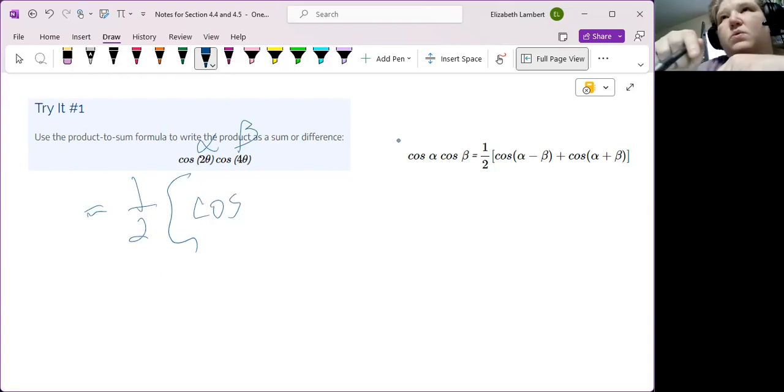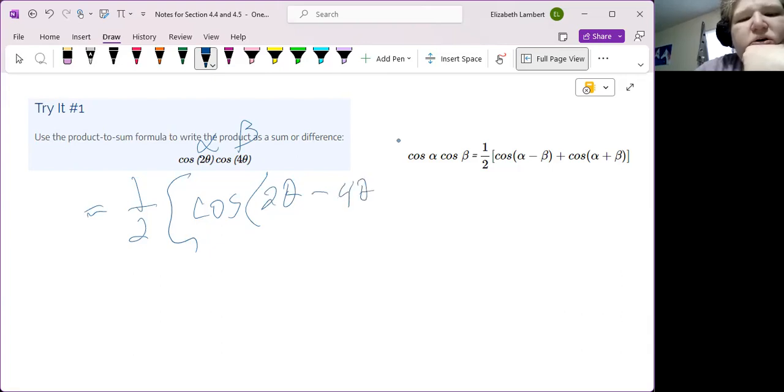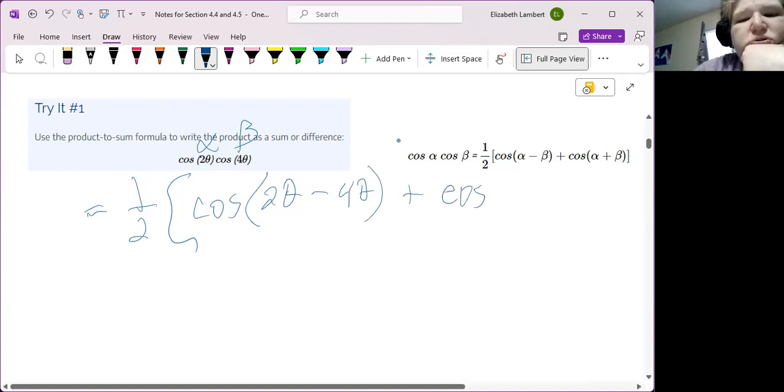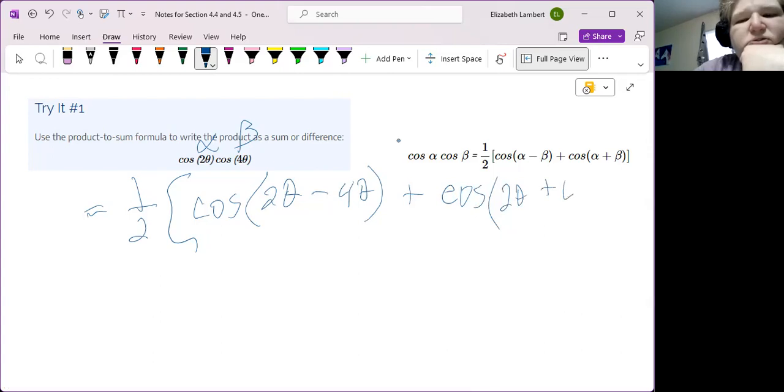Now, I could swap it around so 4 theta was alpha and 2 theta was beta, but I'm just going to do it as it presents it. So 2 theta minus 4 theta plus cosine of 2 theta plus 4 theta.